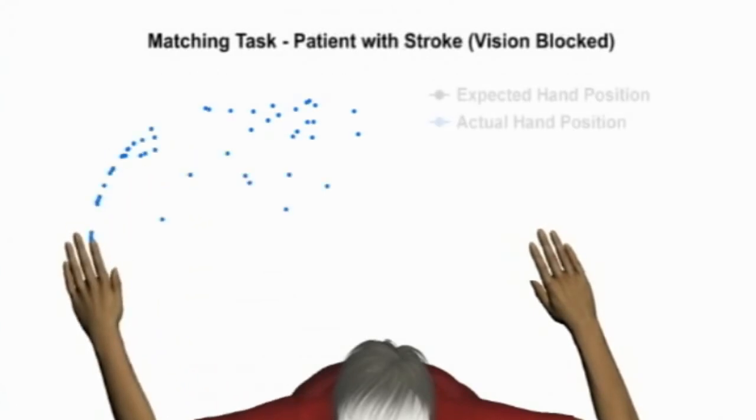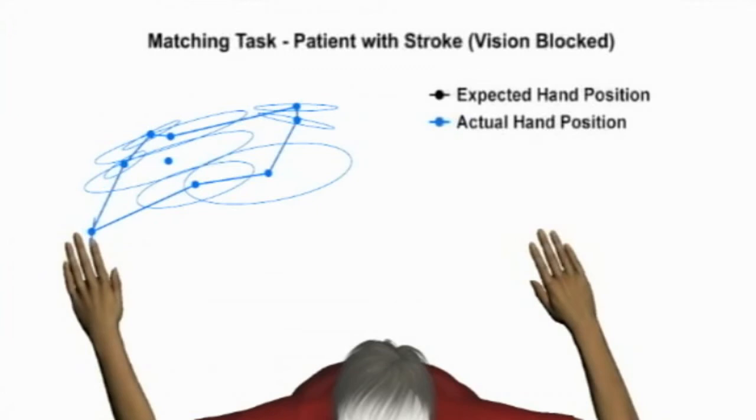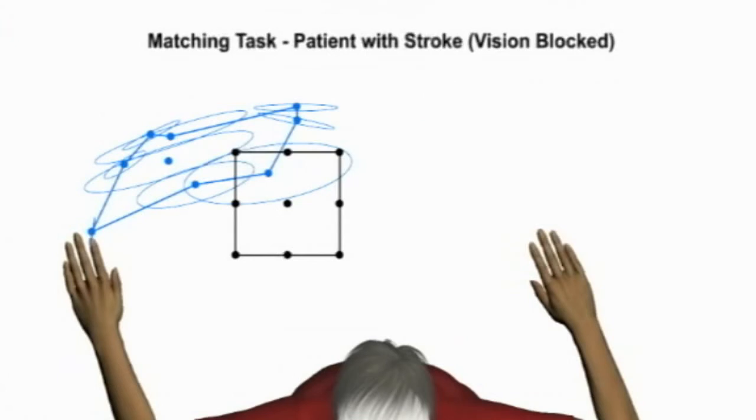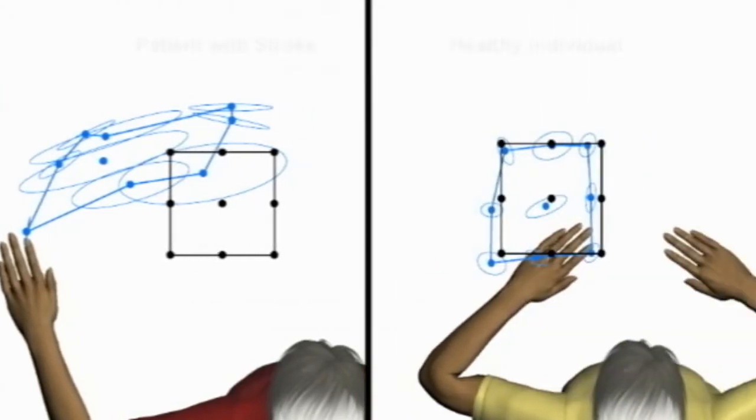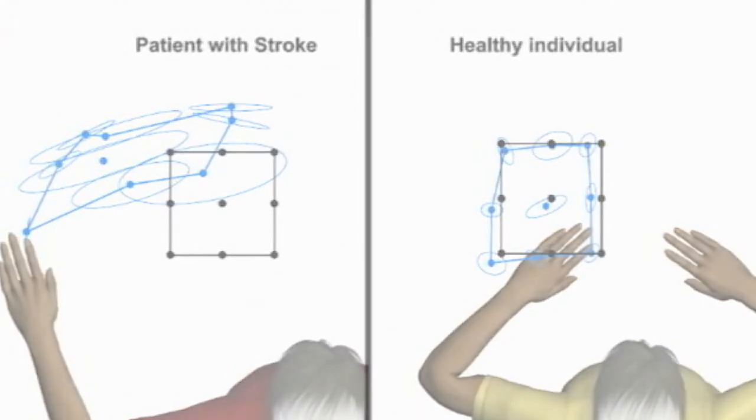As the ellipses show, there is a large degree of variability across repeated trials in where the patient thinks their right arm is positioned. The data produced by the system enables researchers and clinicians to score the amount of variability across repeated trials, the area of the workspace used by the patient, and any shift in the patient's workspace.